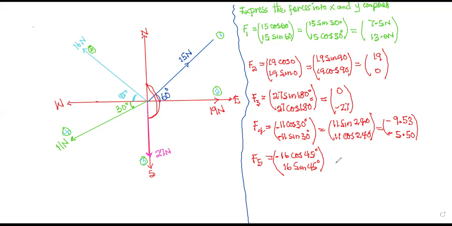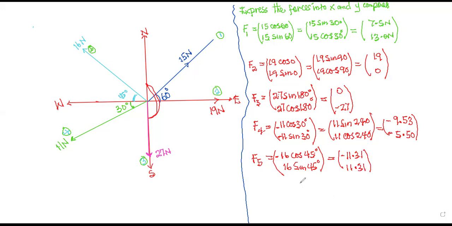So 16 times cos 45 is 11.31. Okay, so positive 11.31 Newton.